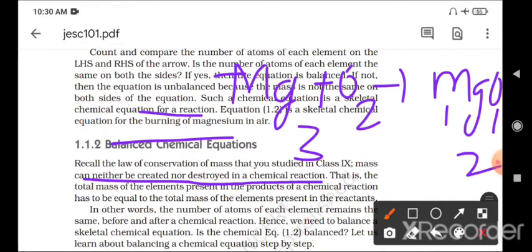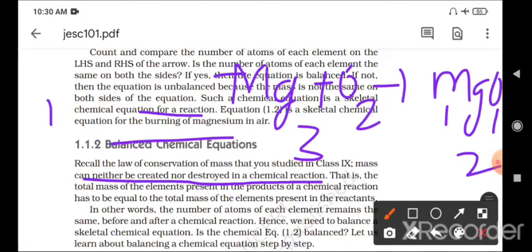The mass neither created nor destroyed in a chemical reaction is called the conservation of mass.